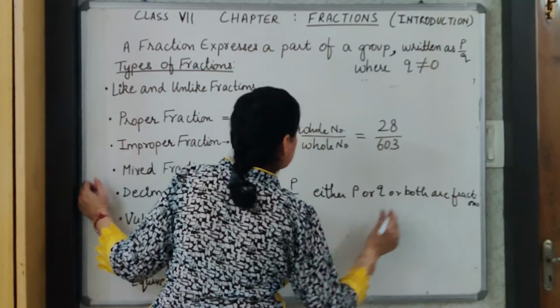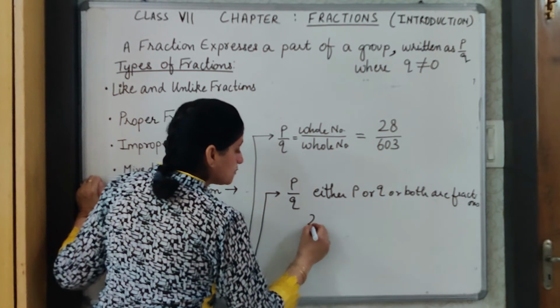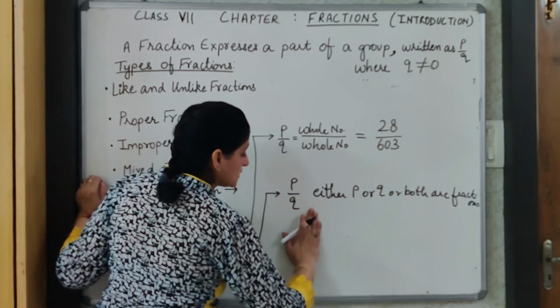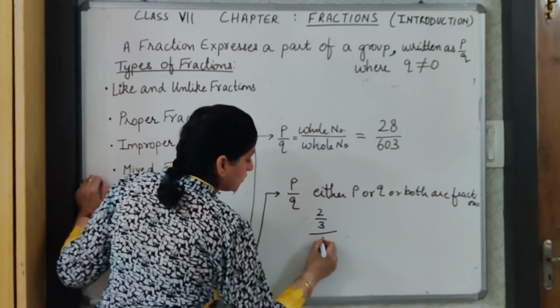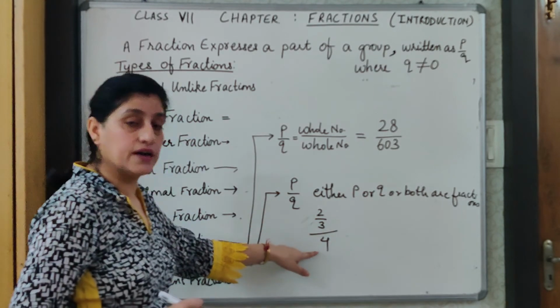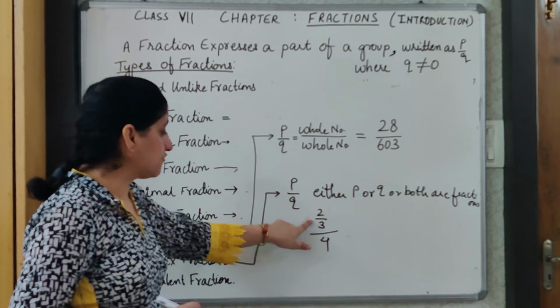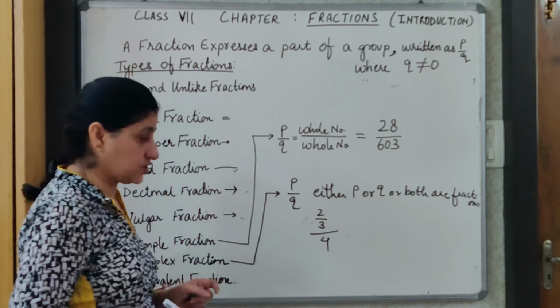Sounding slightly different, either P or Q or both are fractions. So suppose P is a fraction, say I say P is 2 upon 3 and Q is 4. So now I have a fraction divided by 4. So my P is a fraction, Q is a whole number. This becomes a complex fraction.